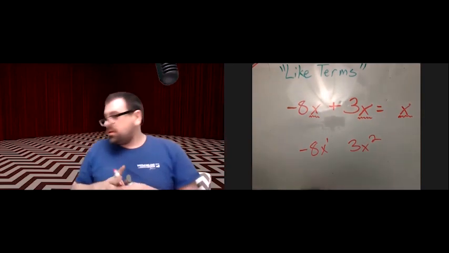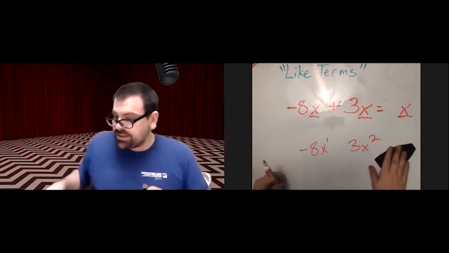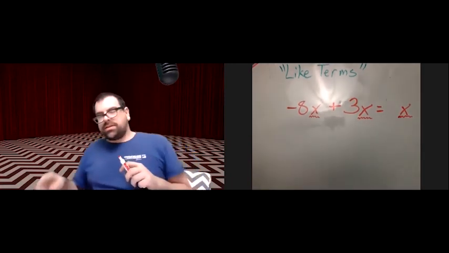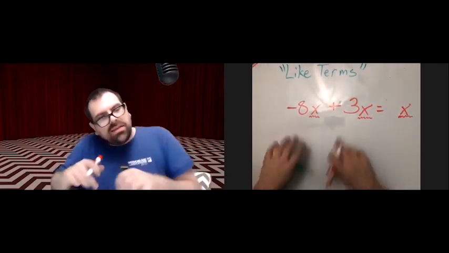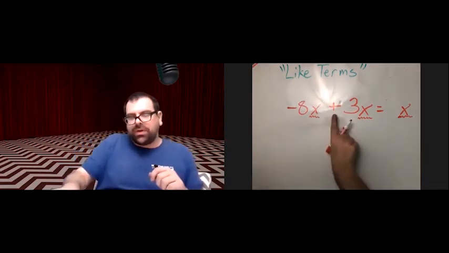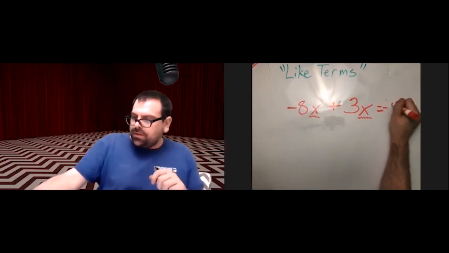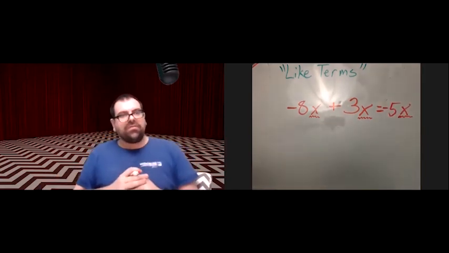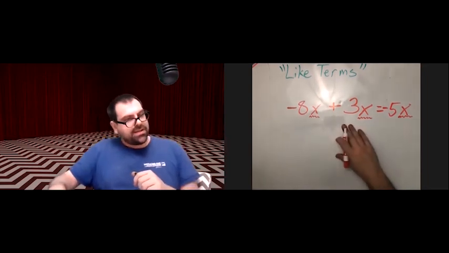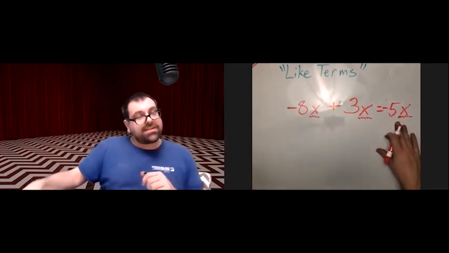And we would get some number of x's. That number of x's is going to be what we get when we add the coefficients. Negative 8 plus 3 is negative 5. So negative 8x plus 3x is negative 5x.